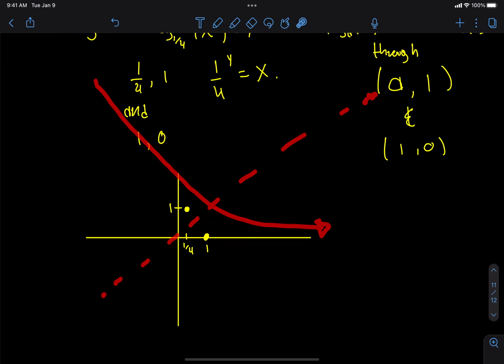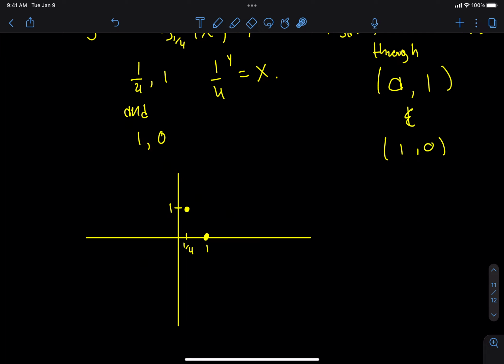Okay, let me think about this for a second. So if we were to reflect that about the line y equals x, then what would it look like? No, it should be... Oh, I know why this is wrong. This is wrong because I drew it in the wrong spot. Okay, so what would it look like?